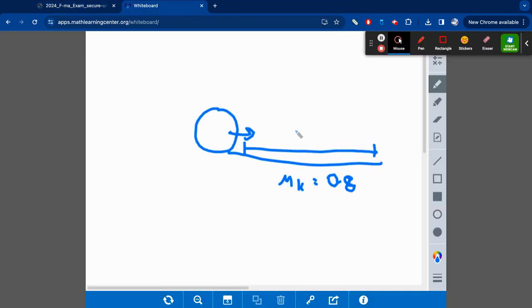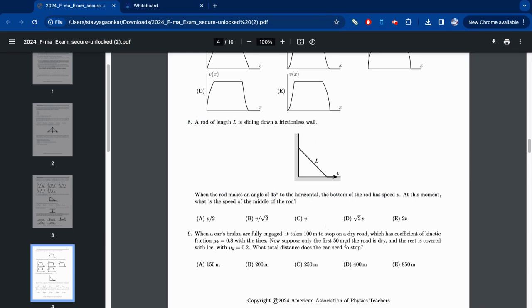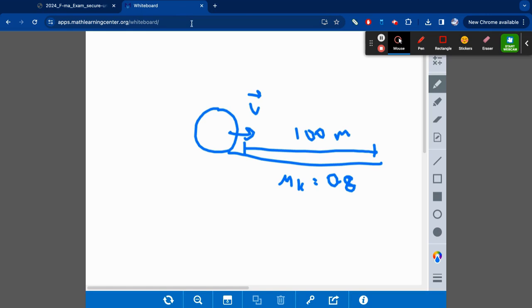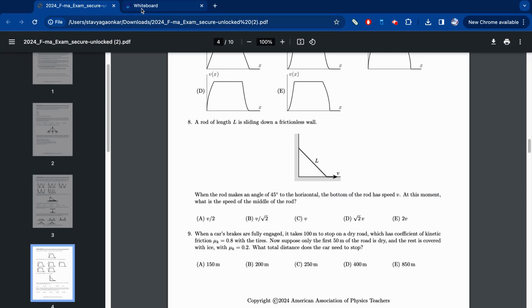And for this problem, we're assuming that the car is initially moving at some velocity v. And so we know that now we're asking for the first 50 meters of the road to be dry and the rest being covered with ice.